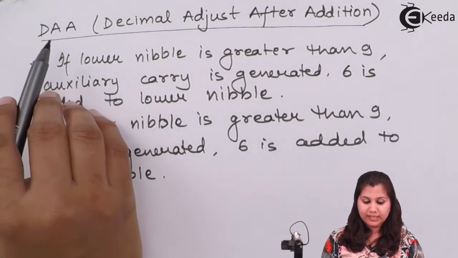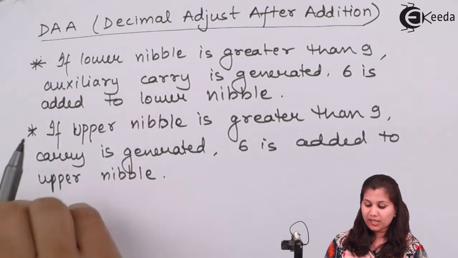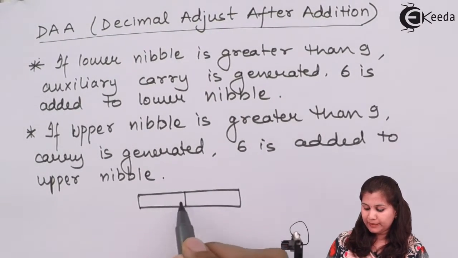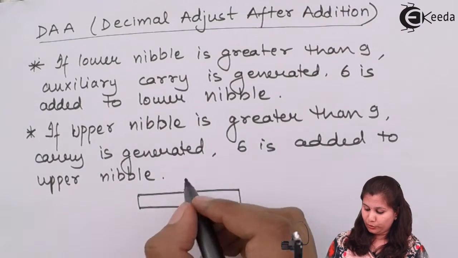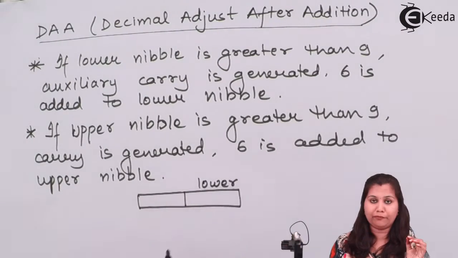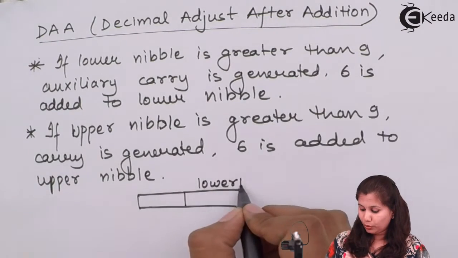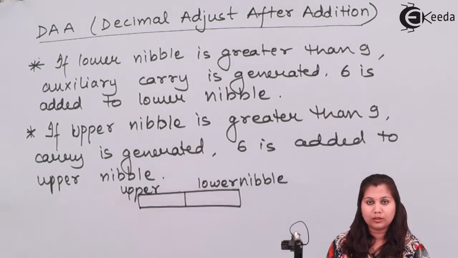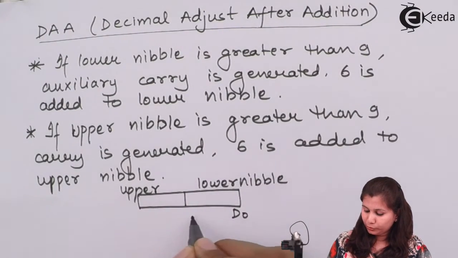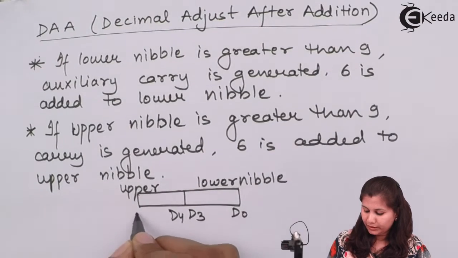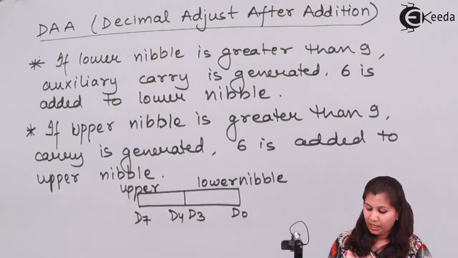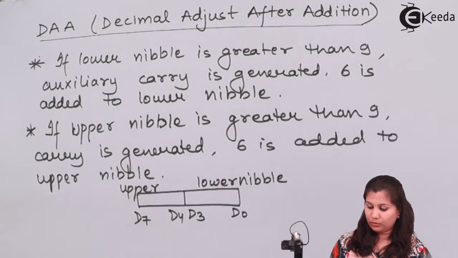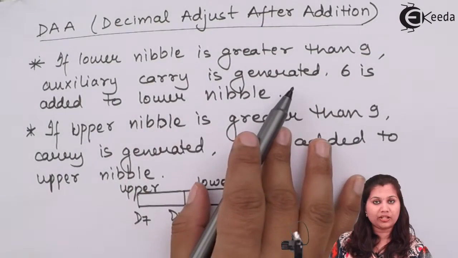What the DAA instruction does is check the lower nibble. We have 8 bits, and a group of 4 bits is called a nibble, so there is a lower nibble and an upper nibble, from D0 to D3 and from D4 to D7. If the lower nibble, D0 to D3, is greater than 9, then an auxiliary carry is generated.